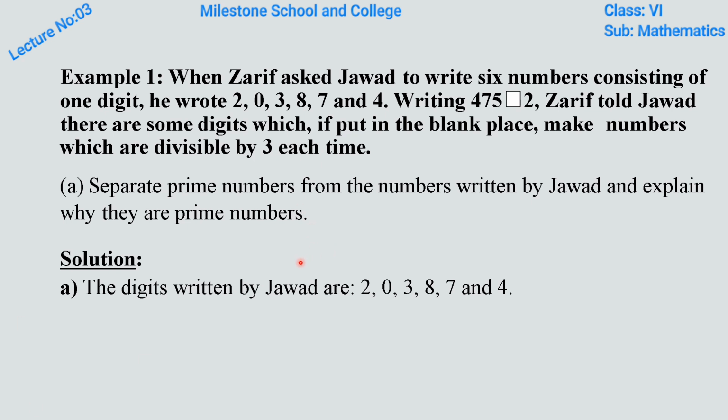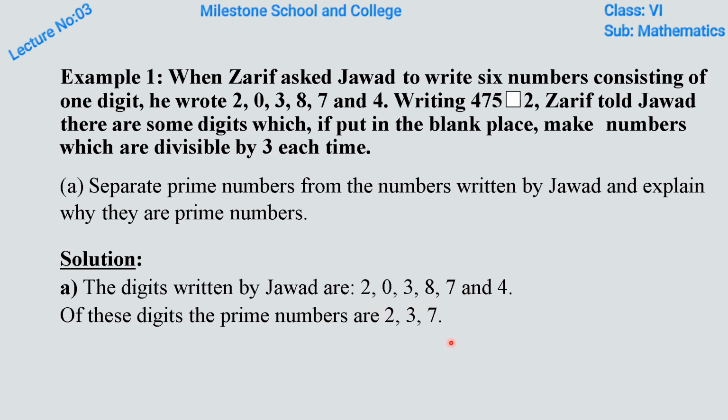As you can see, the digits written by Jawad are 2, 0, 3, 8, 7 and 4. Of these digits, the prime numbers are 2, 3 and 7.